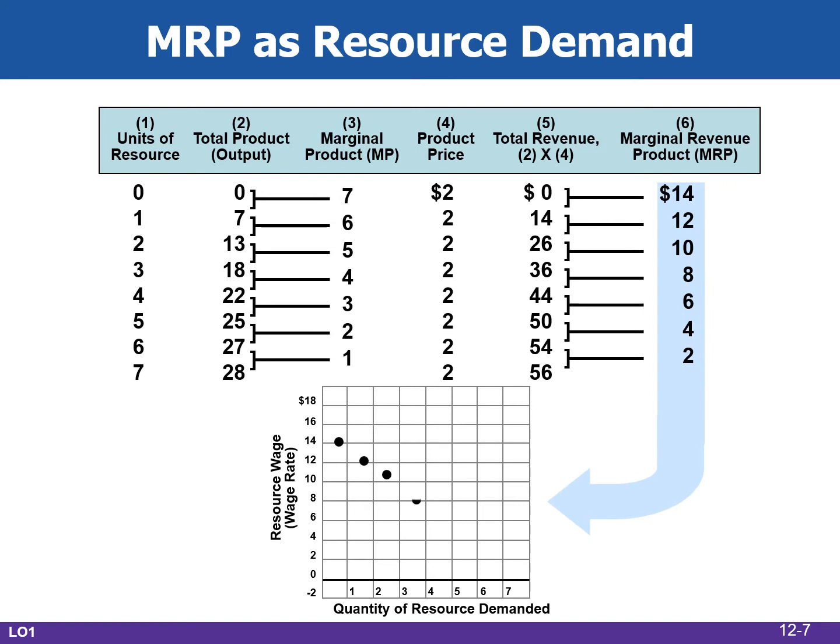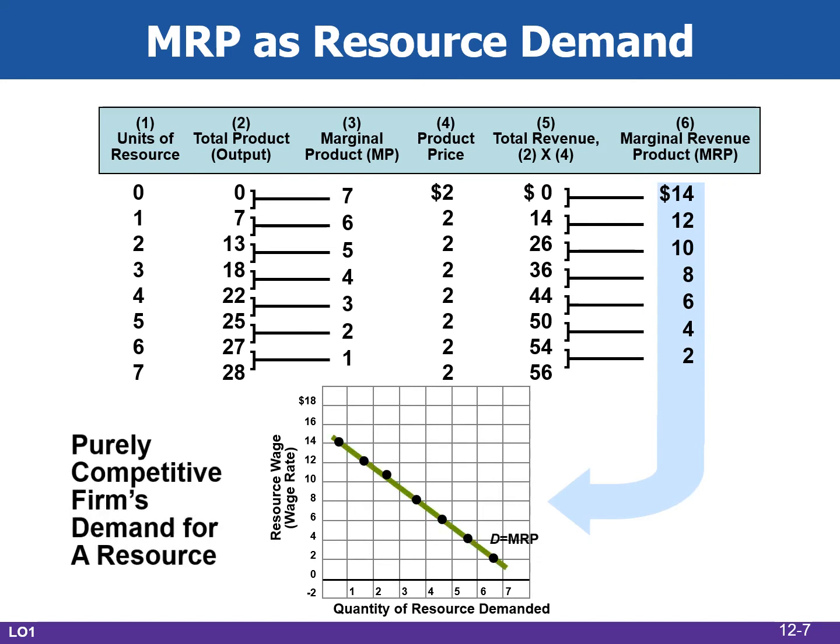We can now use the data calculated in column 6, marginal revenue product, to construct the firm's labor demand schedule. Again, we're assuming that the firm hires labor in a purely competitive labor market.